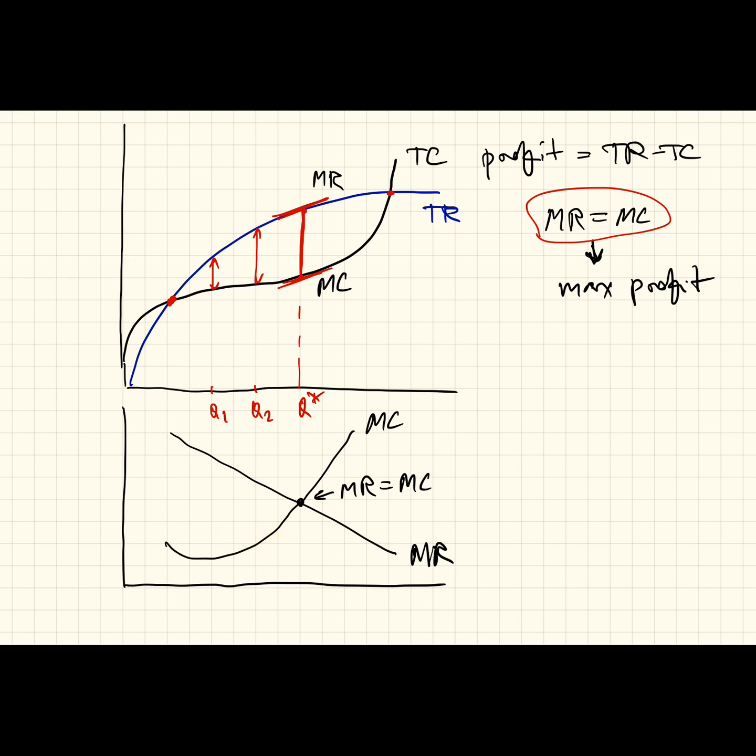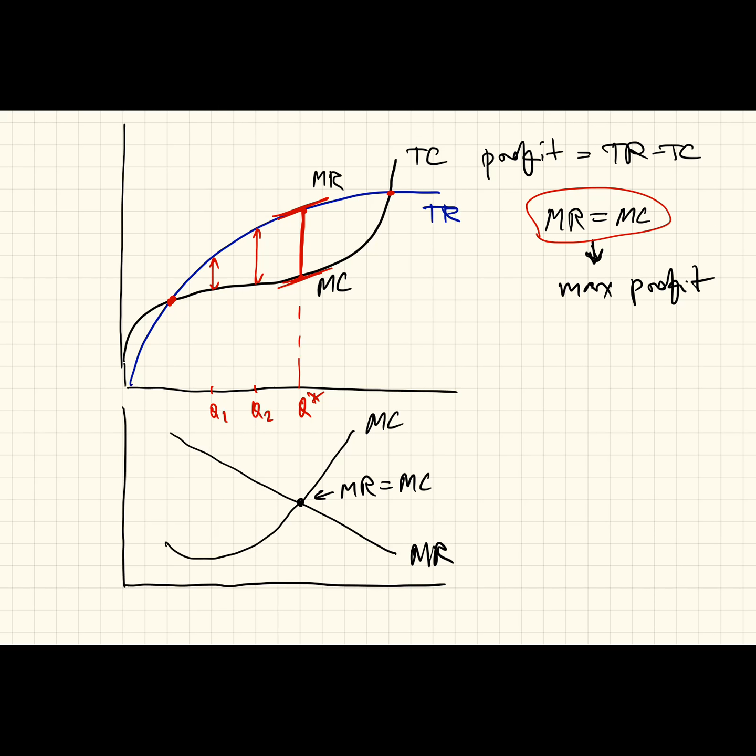And this is where we want to stop, because if you keep pushing any further, as MC caught up with marginal revenue, any additional unit, marginal cost actually will be larger than marginal revenue from now on, right? And that's why you don't want to go there. So you want to stop right before marginal cost is about to overcome your marginal revenue, and that will give you the largest possible profit in this situation.